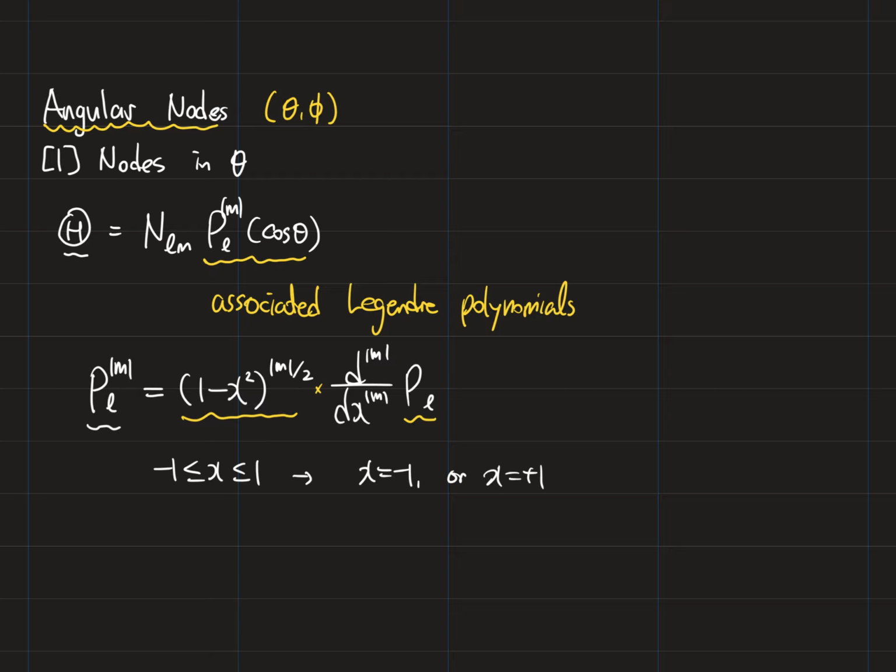This is like the two ends of a standing wave, so we don't really call them nodes, right? Let's recall the standing wave, something like this. We don't call these two points nodes. So those nodes should be placed in between, somewhere like here.